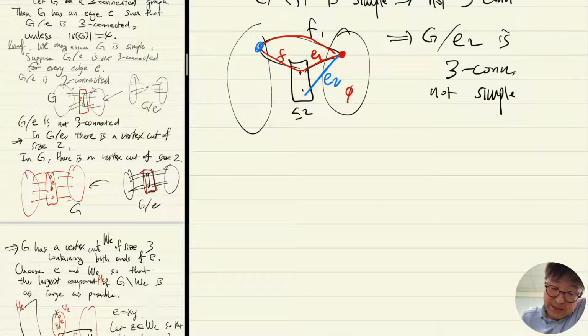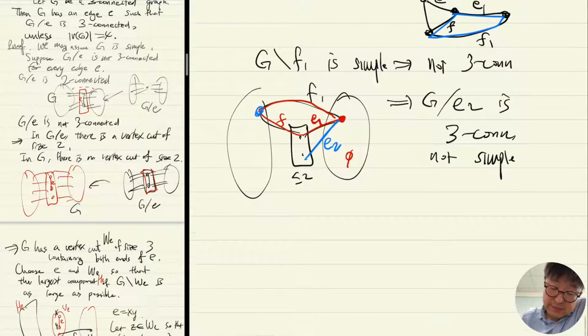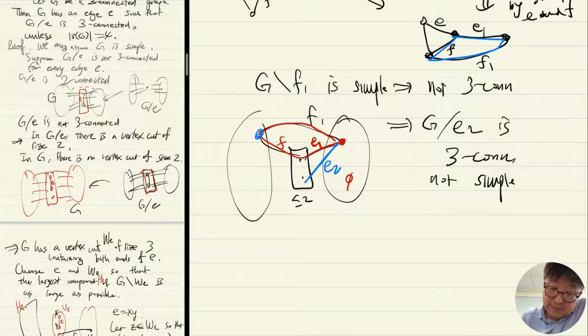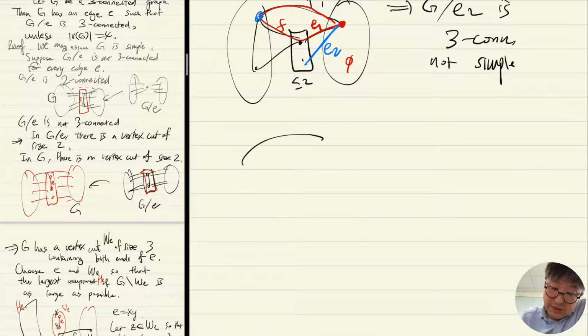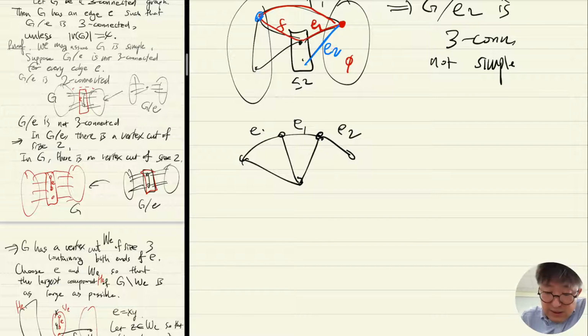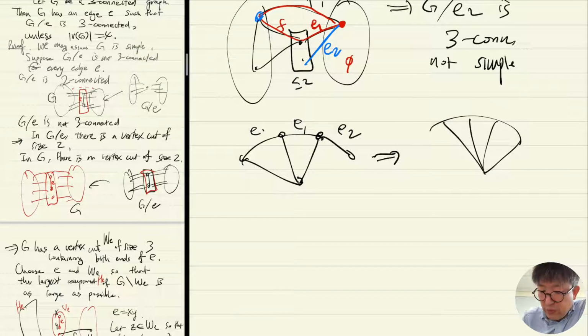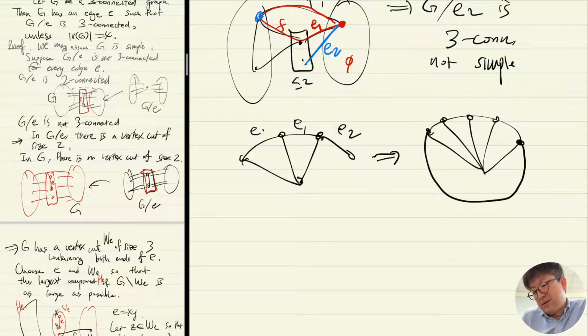So what does that mean? That means we're going to end up with this kind of graph, right? E1, E2, and if you're lucky, if we keep doing this, we end up with this, which is a wheel.